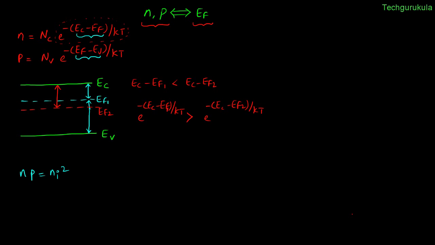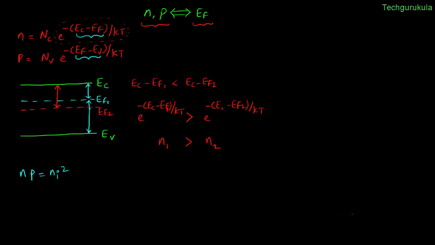This would be greater, and for both cases Nc is assumed to be constant. So the electron concentration in the first case is greater compared to the second case, which tells us that if the Fermi energy level is closer to the conduction band edge, Ec, then the electron concentration is higher.